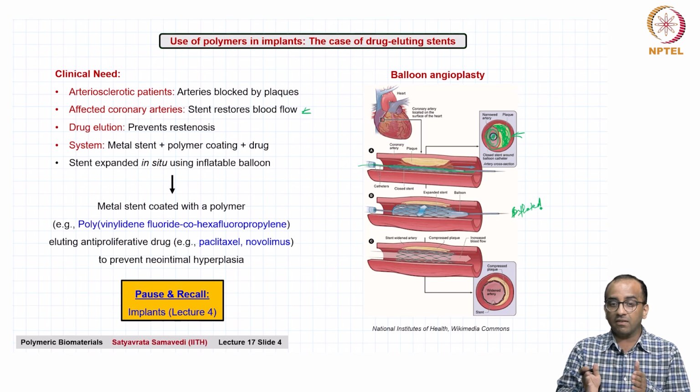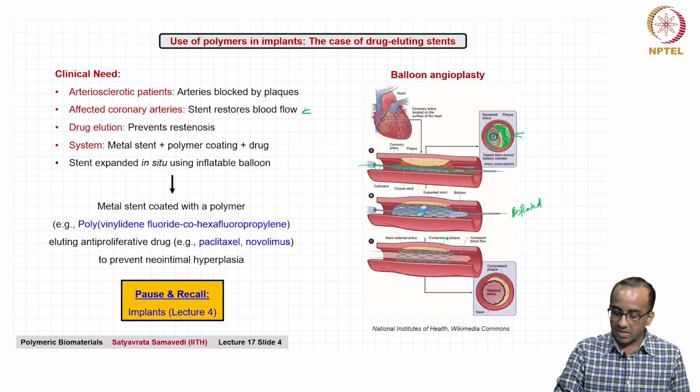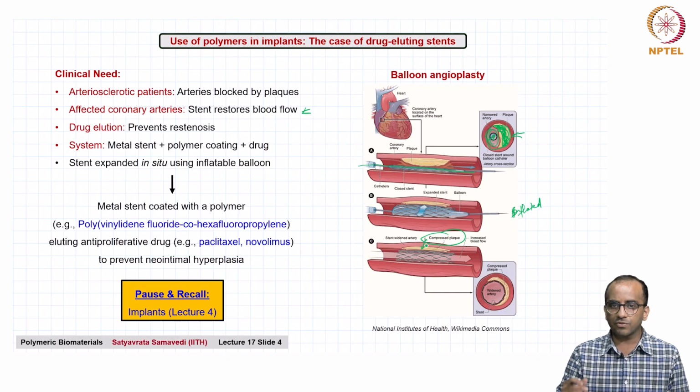And as it is being inflated, the plaque moves towards the walls and gets compressed. So, what you see here is the compressed plaque as shown here. Plaque simply here refers to the fat or the lipid deposits. As a result of this, the artery becomes widened again, thus restoring blood flow. This is what you would expect in a typical balloon angioplasty procedure.